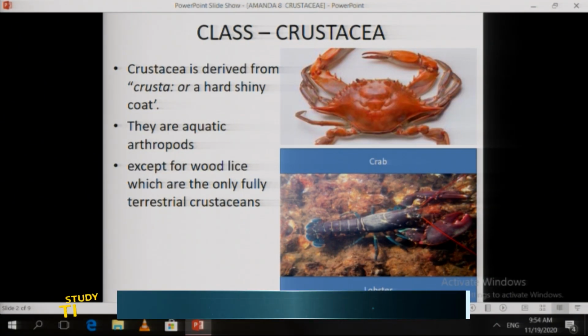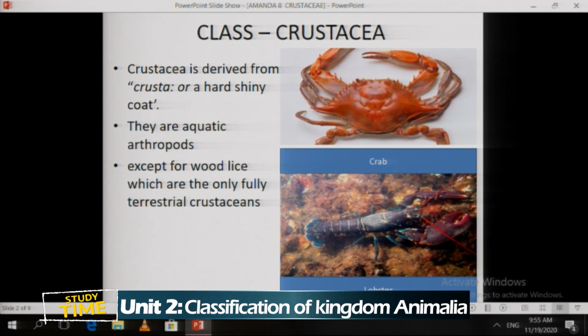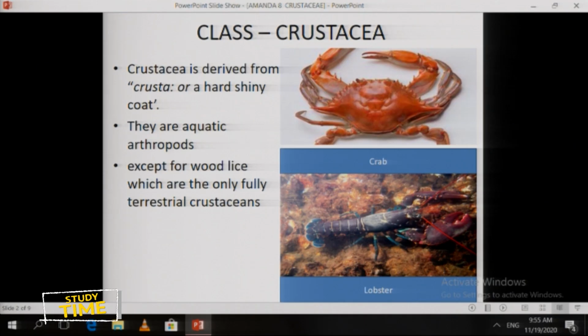Last time we talked of the word aquatic and the word terrestrial, and we said aquatic means water, and terrestrial means land. So when I say that they're aquatic animals, I think everybody here will pick what I'm trying to say. So the majority live in water, but a few, like the wood louse, are fully terrestrial. They live on land. All right?